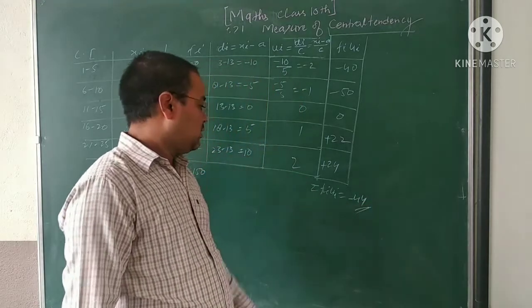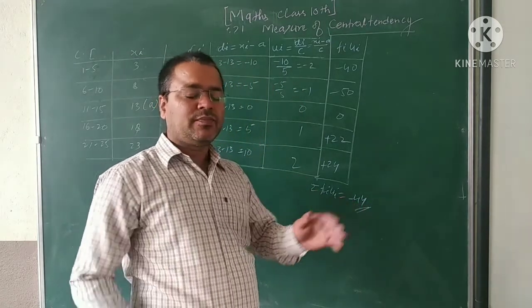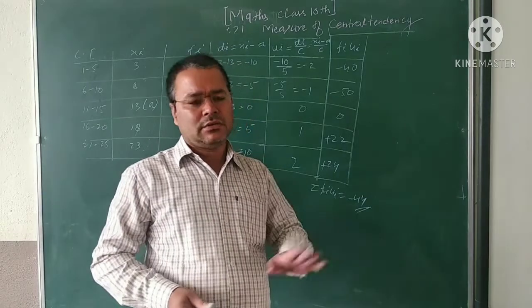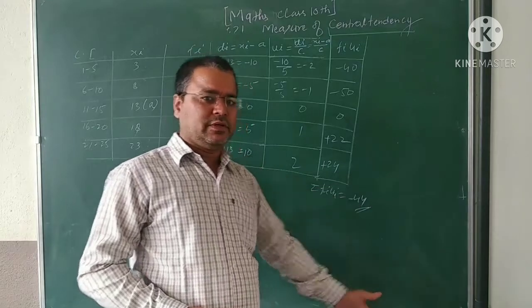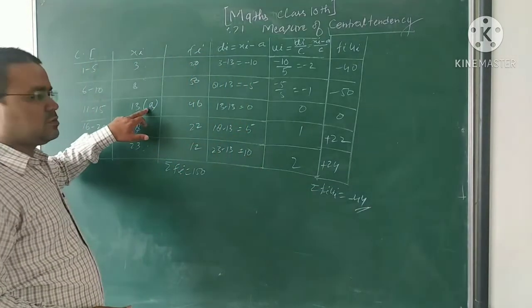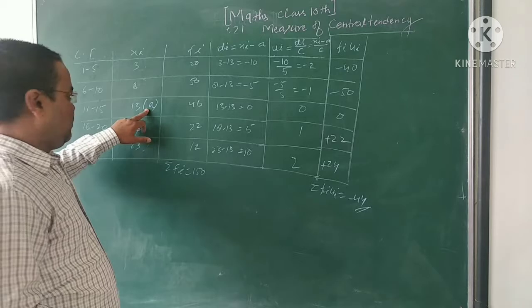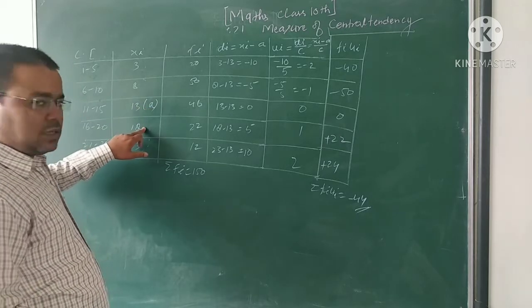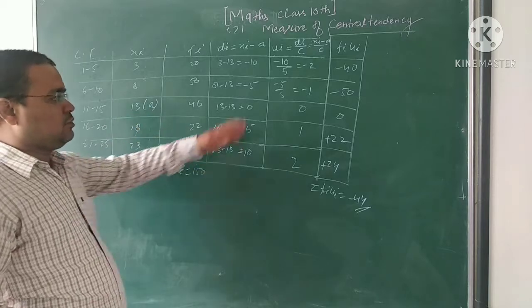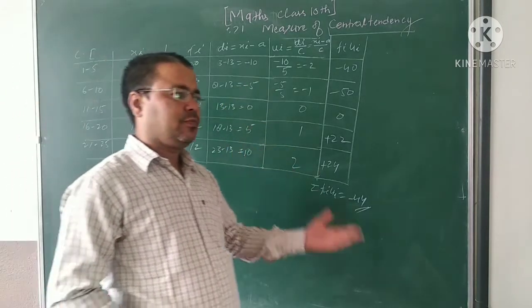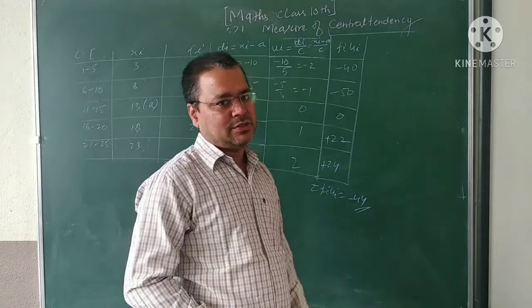It means the value of sigma FiUi may be positive and it may also be negative. If we choose the assumed mean as 18, it will be changed, but the final result will always be the same.